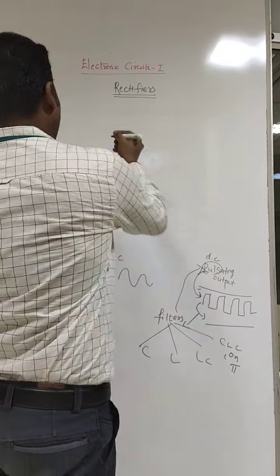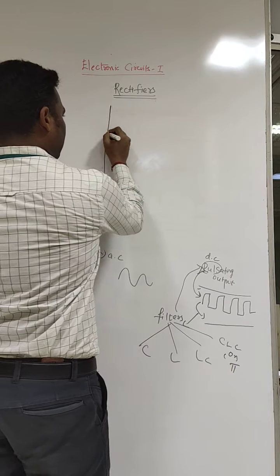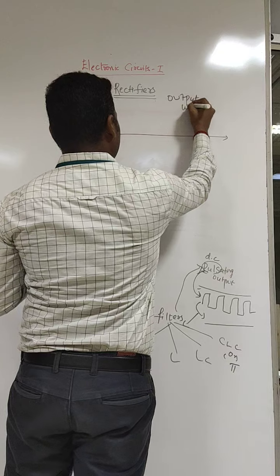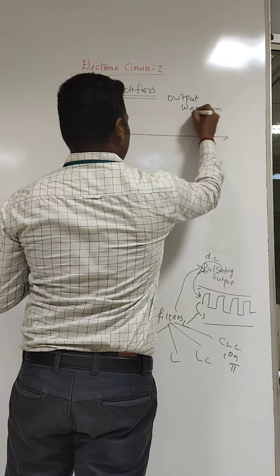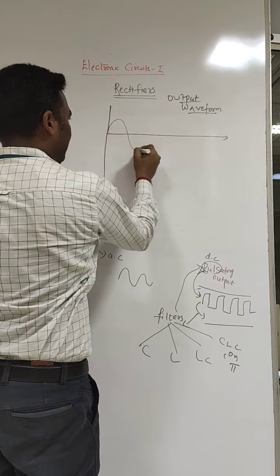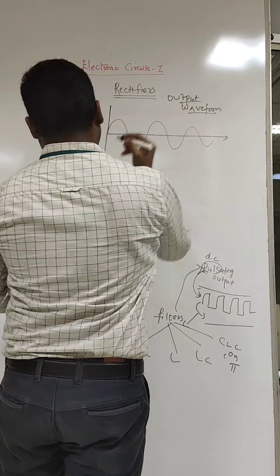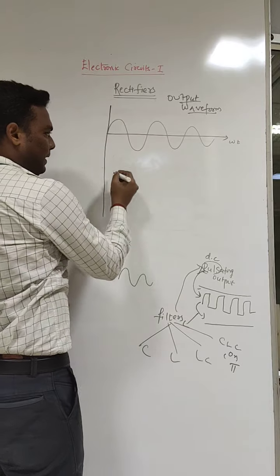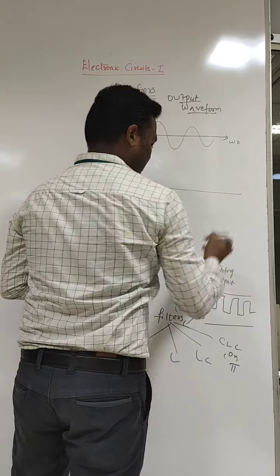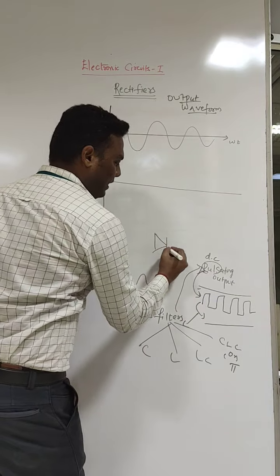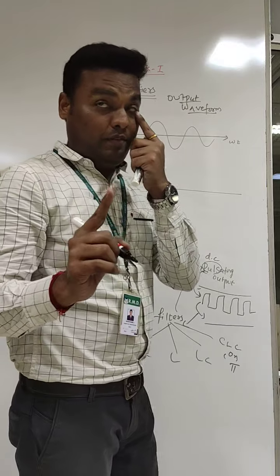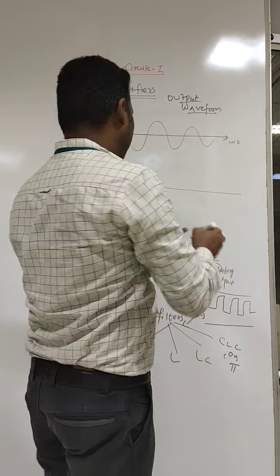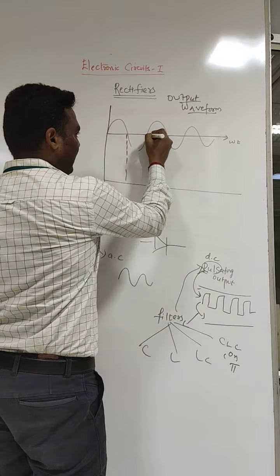For this, the waveform is the output of this half wave rectifier. This is my output waveform. Take the input signal. This is my input signal with respect to omega t. Now I am connecting only one diode at a time. That is called half wave. One diode means only the positive cycle will come, the negative cycle will not come. So first we draw the line like this.